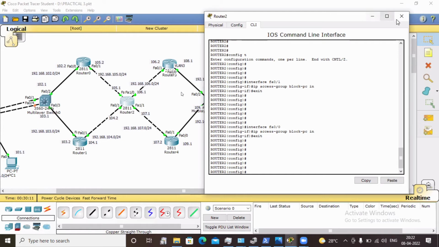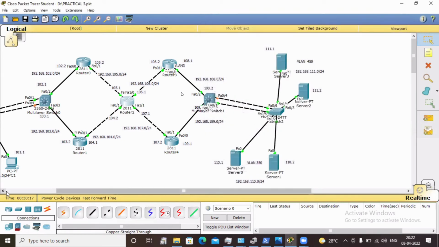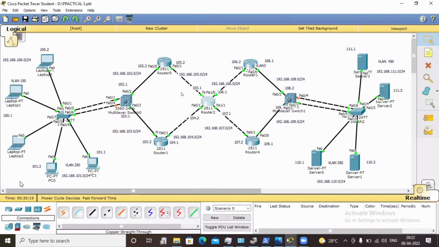Yes, sir. That needs to be done. Okay, first of all, that multi switch we have, right? The multi switch needs to be configured.